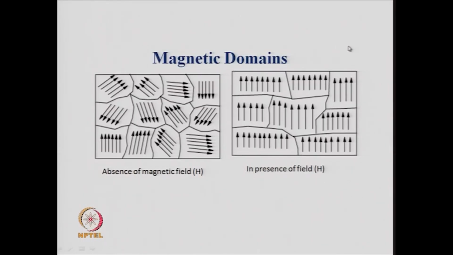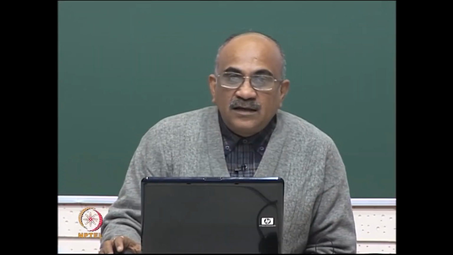So, the magnetic field is in this direction, and all the magnetic moments in different domains get aligned in the direction of the magnetic field, and that is why you see the change in the magnetic moment as a function of magnetic field even in a ferromagnet.